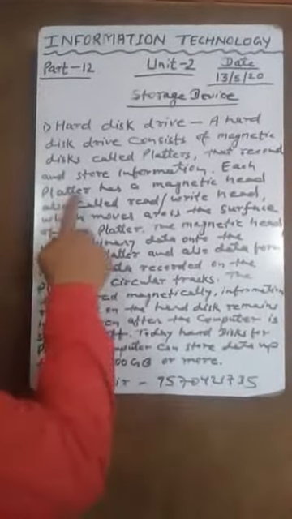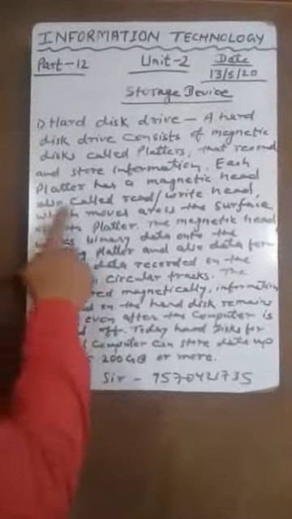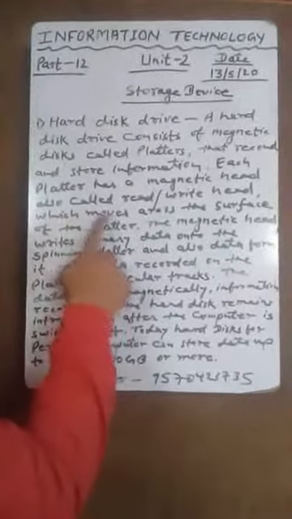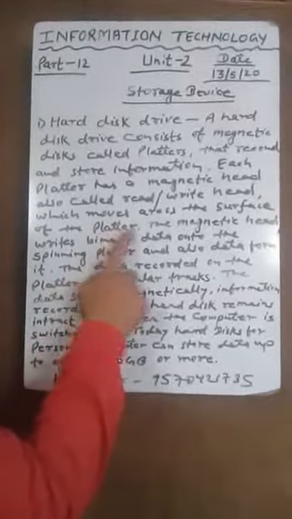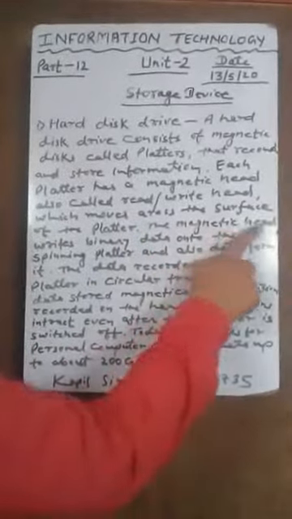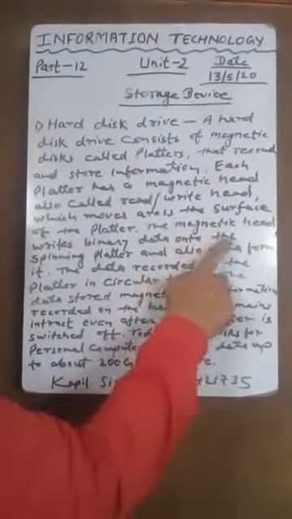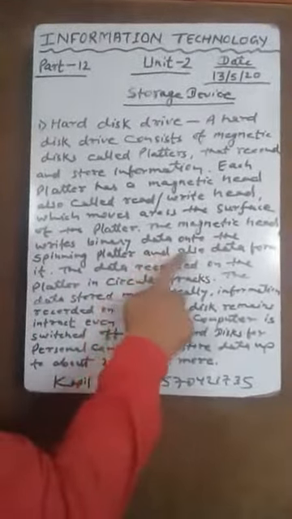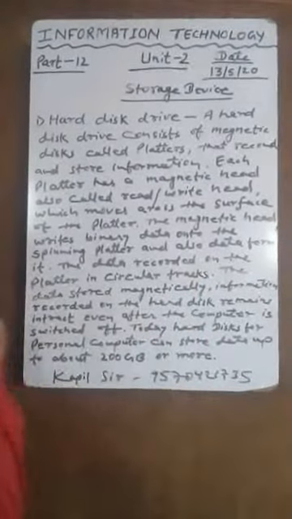Each platter has a magnetic head, also called a read-write head, which moves across the surface of the platter. The magnetic head writes binary data onto the spinning platter and also reads data from it.